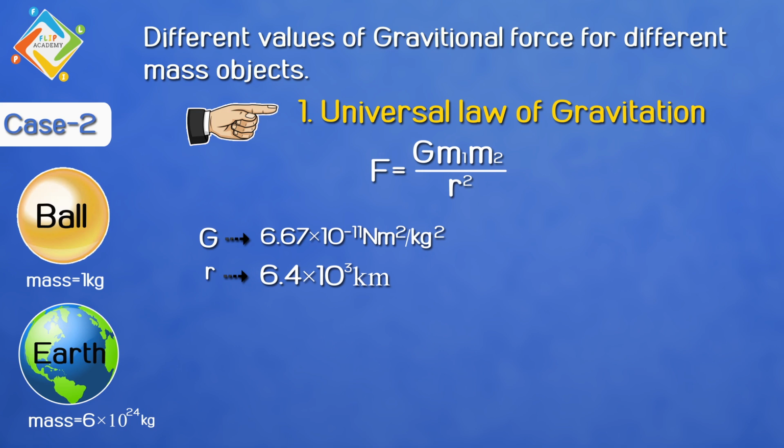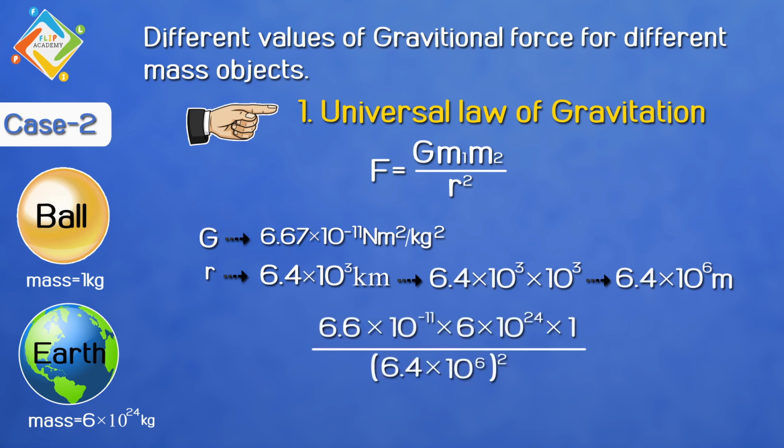The radius of the earth is in kilometers, and we have to convert it into meters, so we multiply 6.4 into 10 raised to the power 3 by 10 raised to the power 3. So it becomes 6.4 into 10 raised to the power 6 meter. Now let's put all these values in the formula.